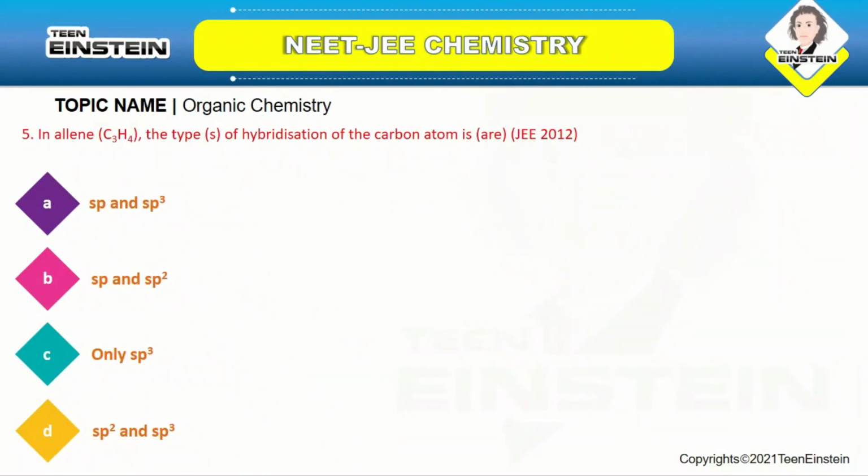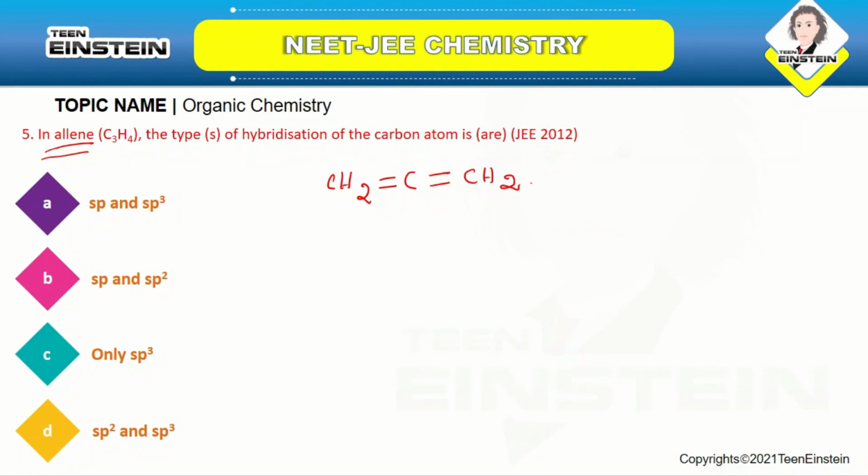On to the fifth question. In allene, C3H4, the types of hybridization of the carbon atoms is or are? So here allene is the name given to propadiene. The structure of propadiene is CH2=C=CH2.